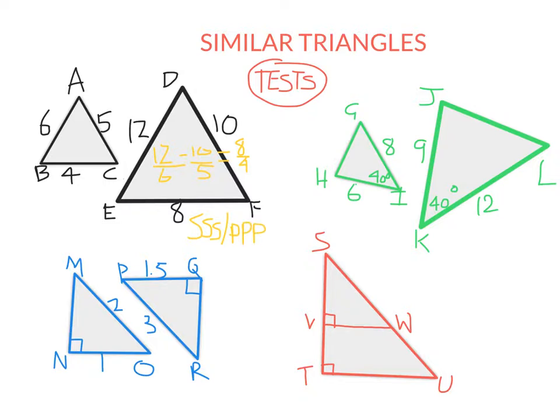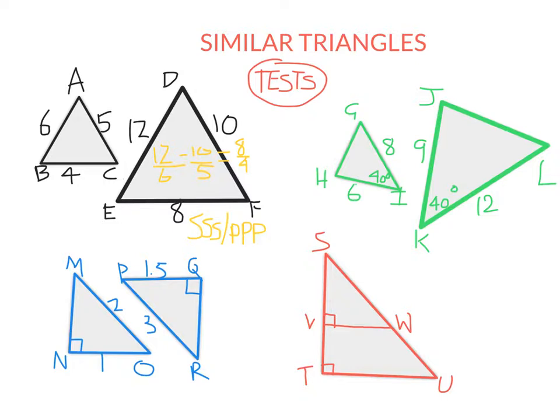Of course, it doesn't mean the sides are equal, but they're in proportion. This is different than what I told you in a previous video for quadrilaterals, for example. It's possible that you have two quadrilaterals where all of their sides are in proportion, but they don't have the same set of angles. That's not the case, however, for triangles. You can't have two triangles where all sides are in proportion and the angles are not equal.